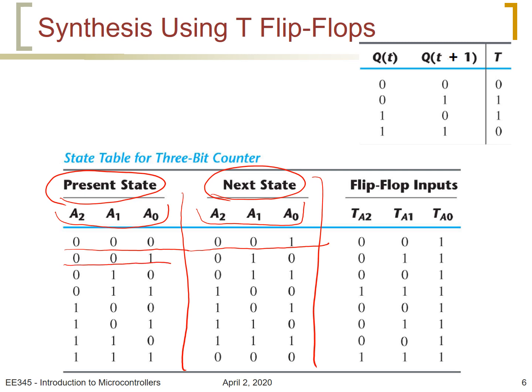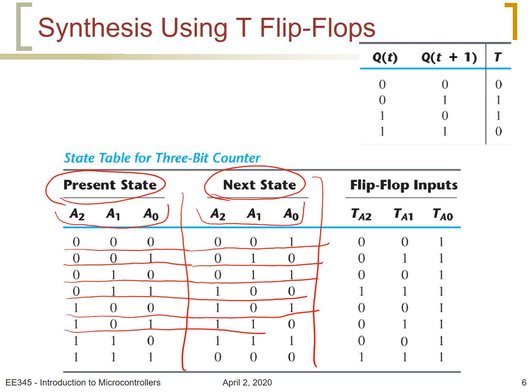If we are in 0, 0, 1, we go to 0, 1, 0, and from 0, 1, 0, we go to 0, 1, 1, and 0, 1, 1 goes to 1, 0, 0, which is 4, and from 4 we go to 5, 5 we go to 6, 6 we go to 7, and 7 we go back to 0, 0, 0. And having done this, now we need to find the flip-flop inputs.